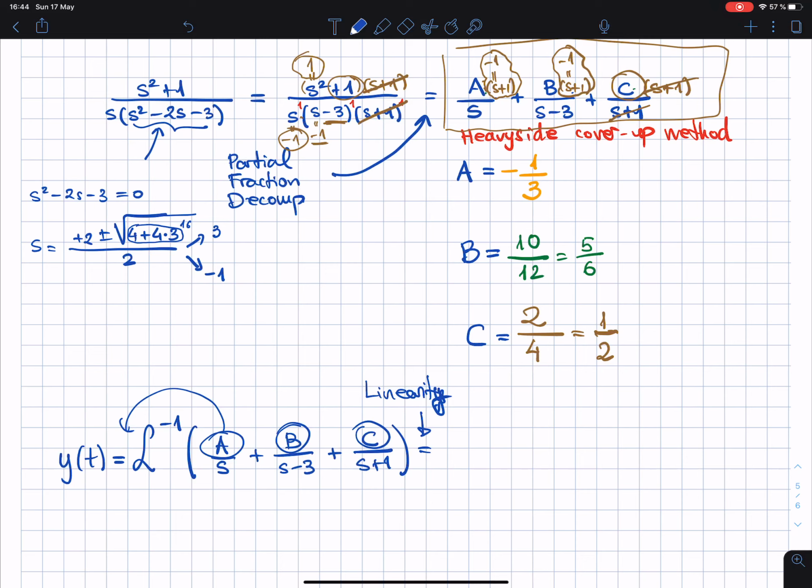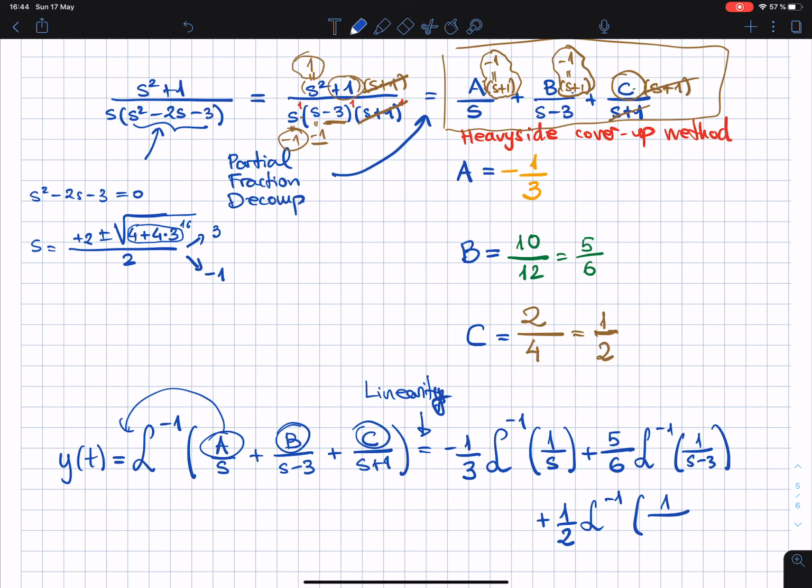So a is minus 1 over 3 times the inverse Laplace transform of 1 over s. Then plus b, which is 5 over 6, times the inverse Laplace transform of 1 over s minus 3, and then plus c, which is 1/2, times the inverse Laplace transform of 1 over s plus 1.